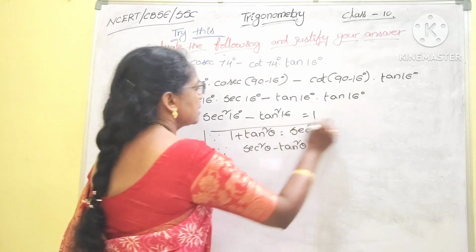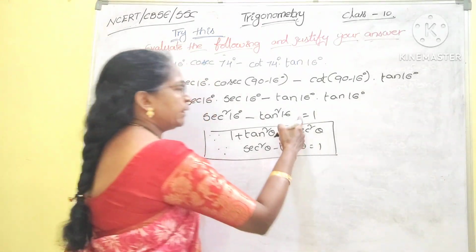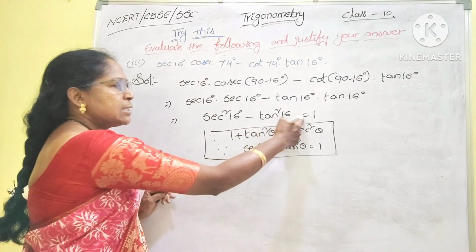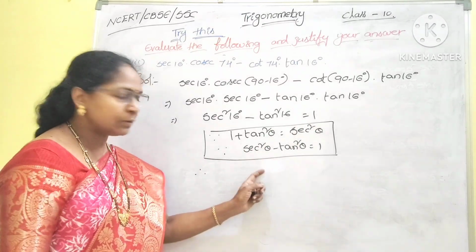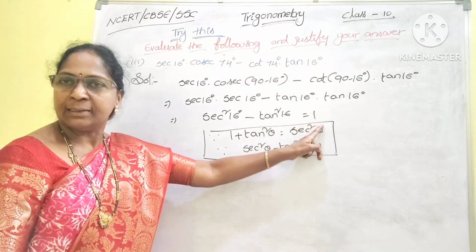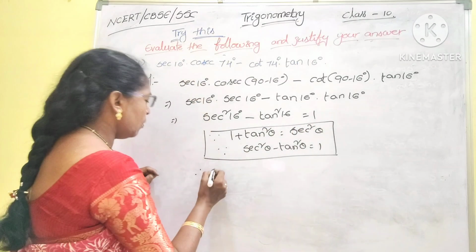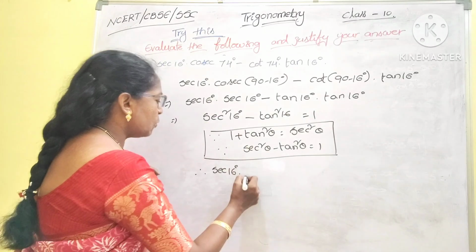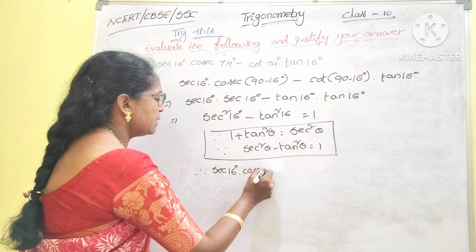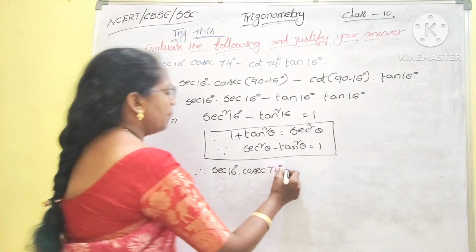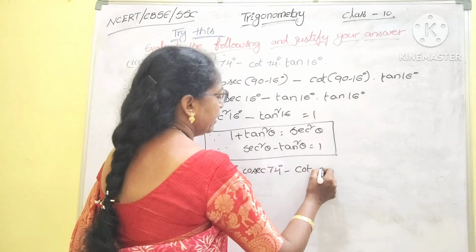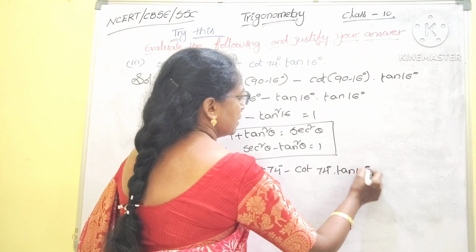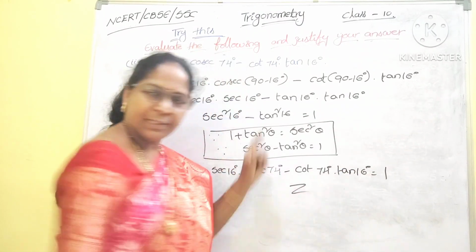According to this we will get the answer. I have written here. Therefore, secant square theta minus tan square theta equal to 1. According to this identity, you have to write like this. Now, therefore, secant 16 degrees into cosecant 74 degrees minus cot 74 degrees into tan 16 degrees, that equal to 1. This is the answer.